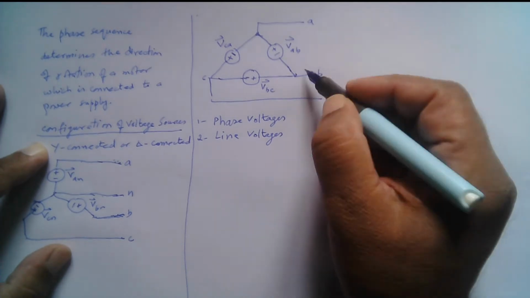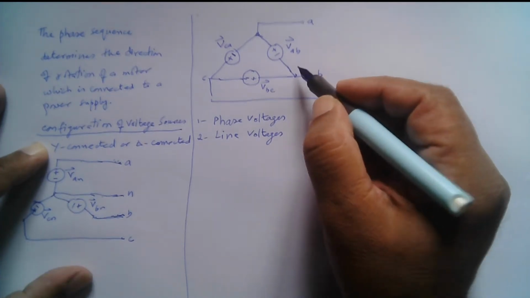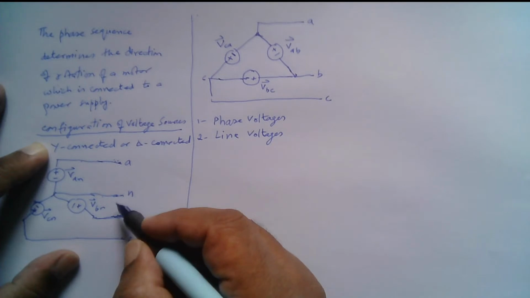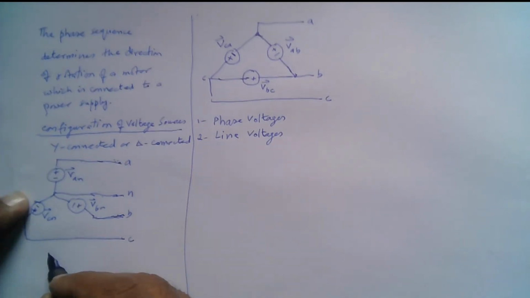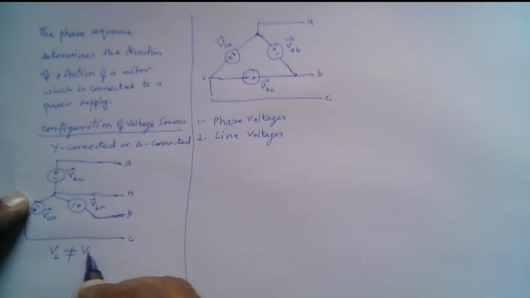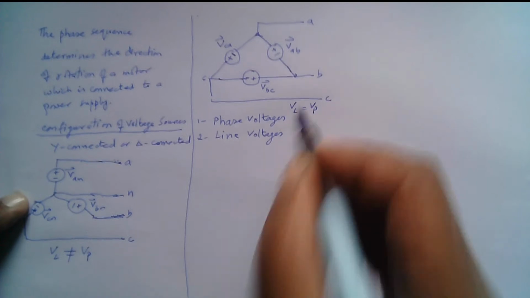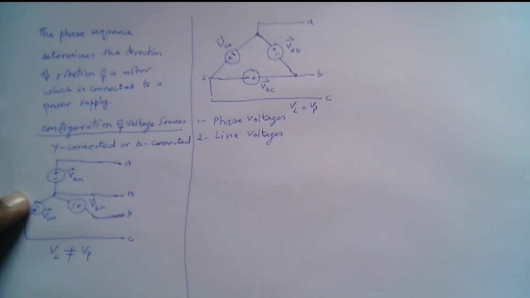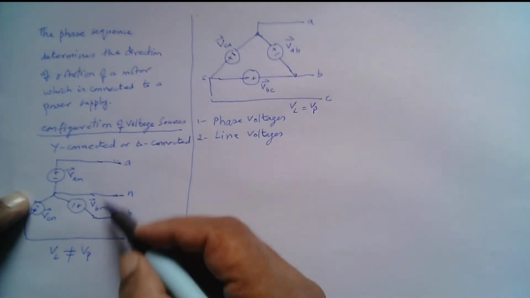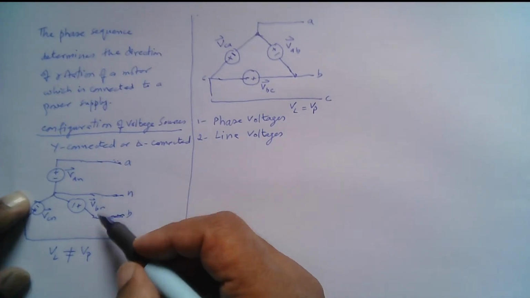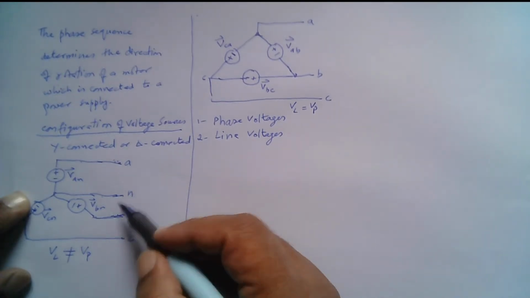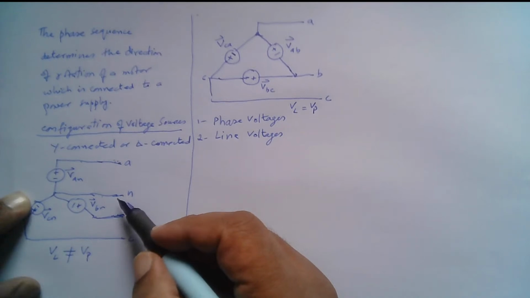In the Y case it's not the same: the phase voltage is not the same as the line voltage, so V line is not equal to V phase. But in the delta configuration, V line is equal to V phase. So for the Y case, we need to find the relationship between the phase voltage and the line voltage. That we will do shortly, right?